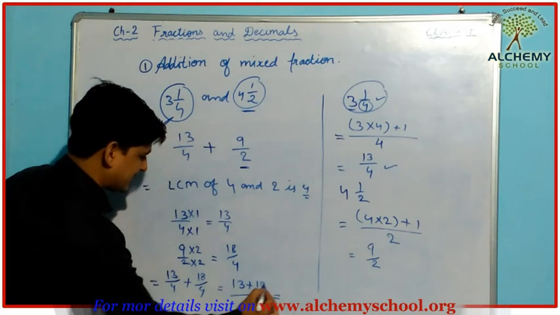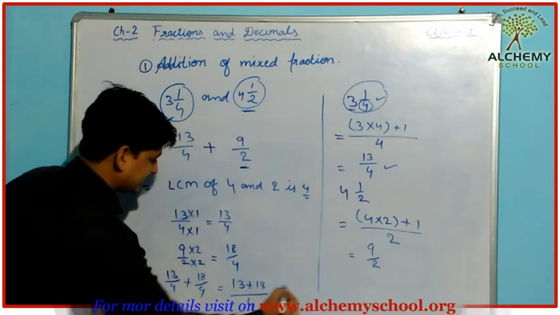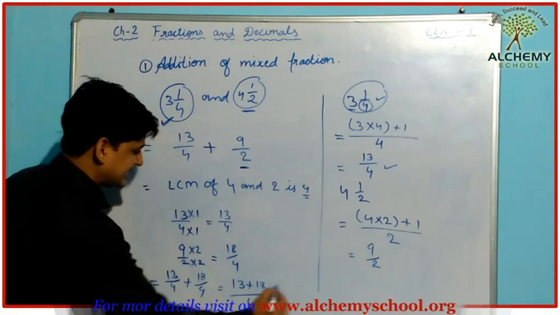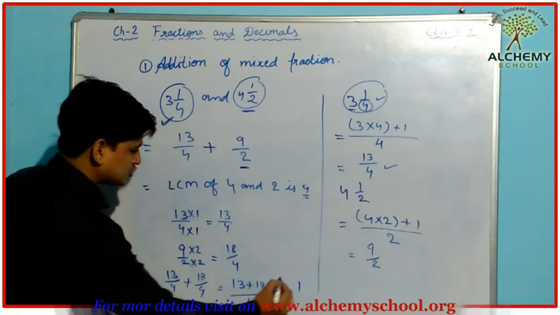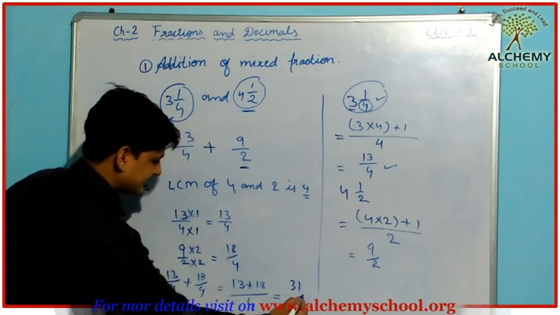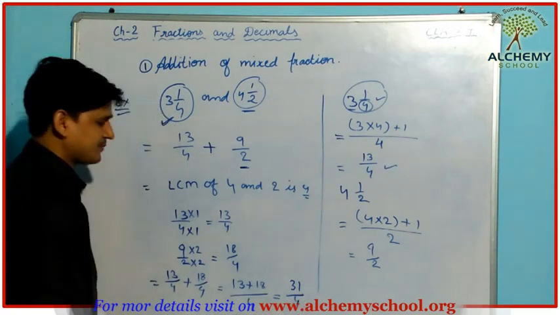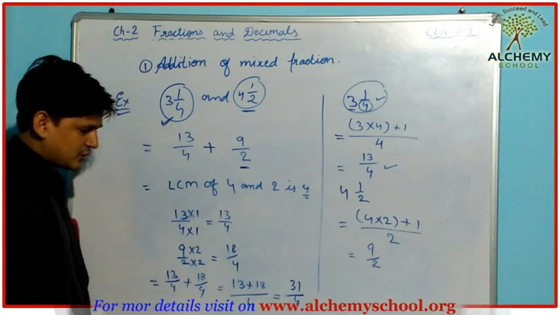When we add these two values, 8 and 3 is 11, so 1 will be carried, and 1 and 1 is 2 and 1 is 3. So 31 upon 4 is the answer.